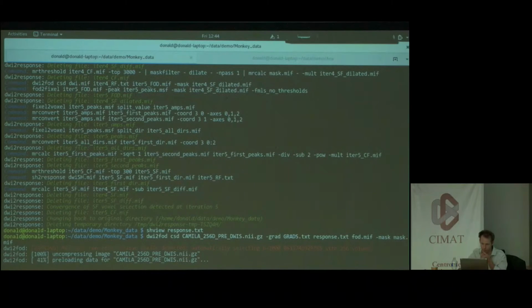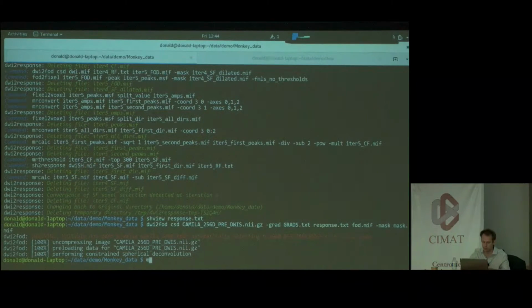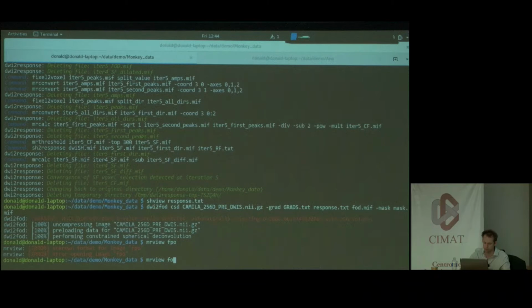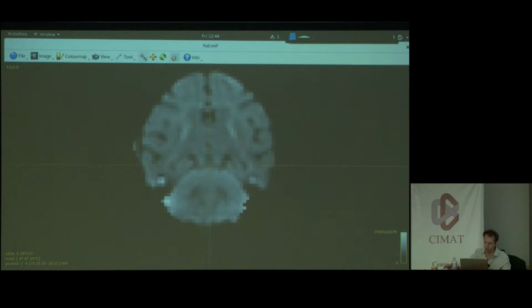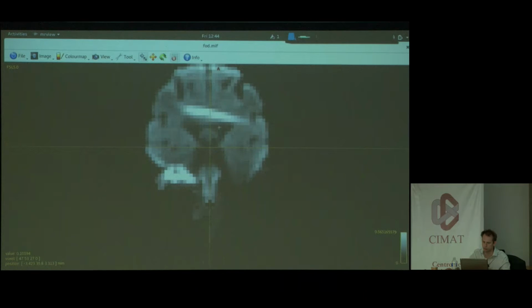And again, we've automatically selected the B2000. So it's looking a bit smooth and whoa.